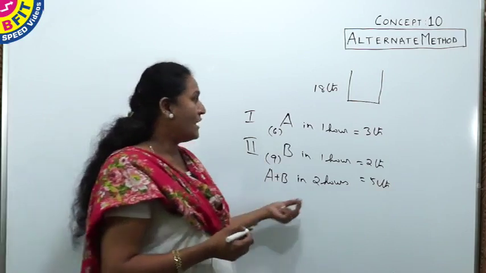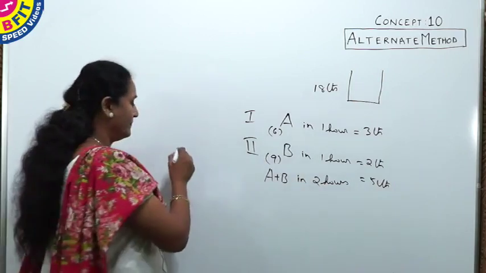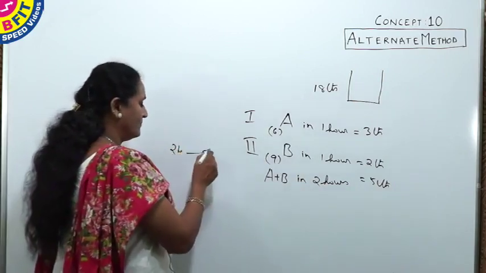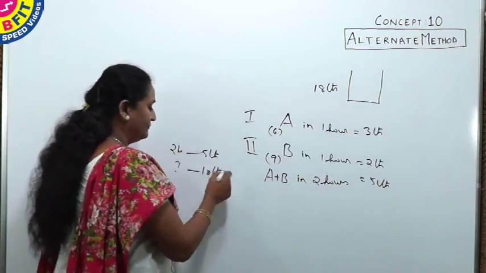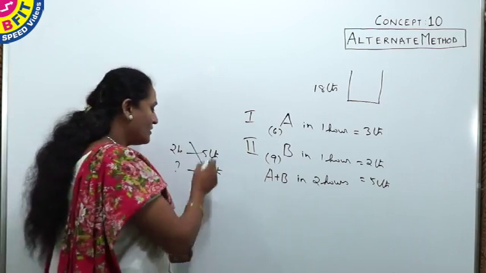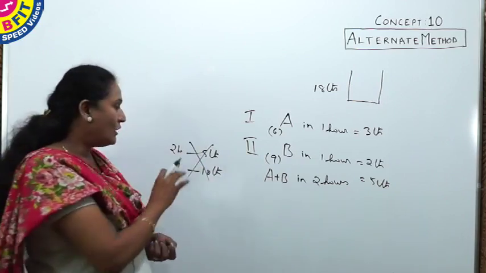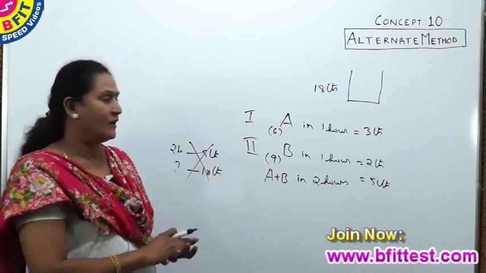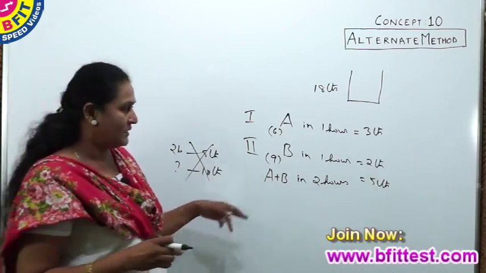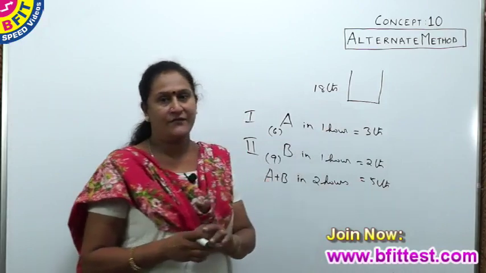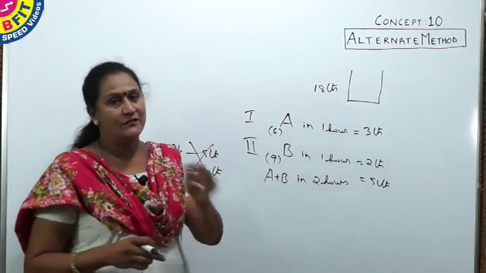So now in 2 hours 5 liters, in how many hours 18 liters? So you shouldn't work out this pattern, because only for the simultaneous concept you can work out this, because each hour filling will be same. So in this question, each hour filling is different, but for every 2 hours filling is same.